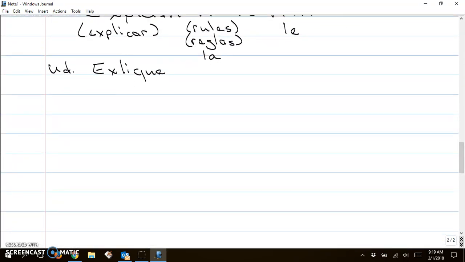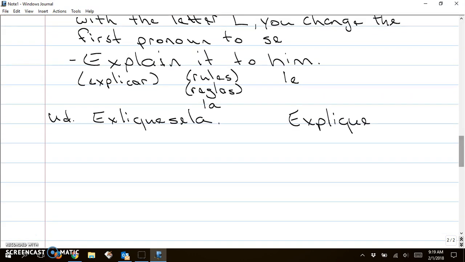So here, explica, se la, because normally explique should be le la, indirect, direct, but because both are L's, we changed le to se. So you have IDOP and DOP. Explícasela.